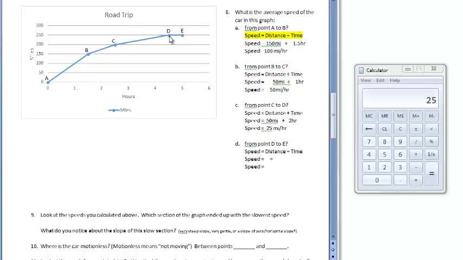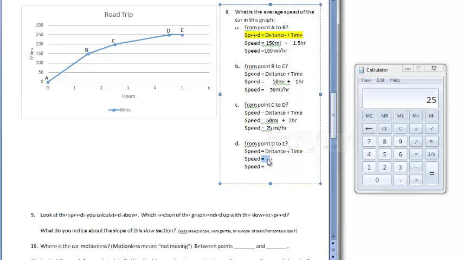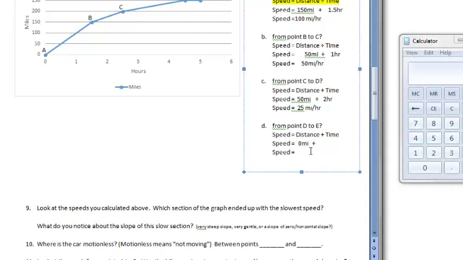So think to yourself, how much did the distance increase from point D to point E? How much did the graph rise? You should be saying to yourself, the graph didn't rise. From point D to E, the distance stayed the same. If that's the case, then the distance was 0 miles from point D to E.